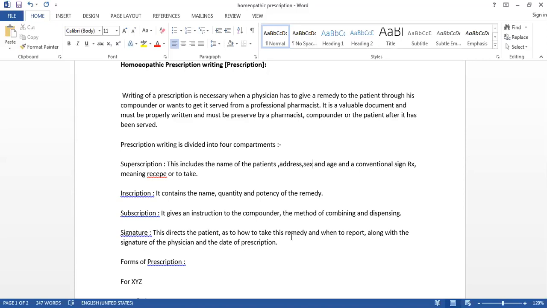You should write all the investigations in this part. So this is about the direction to the patient.